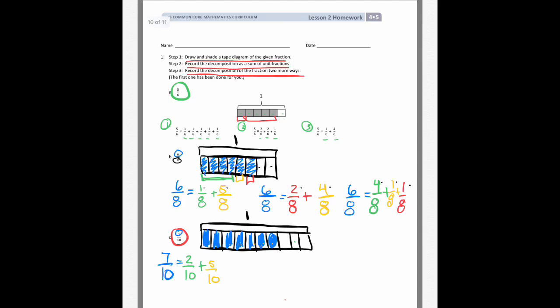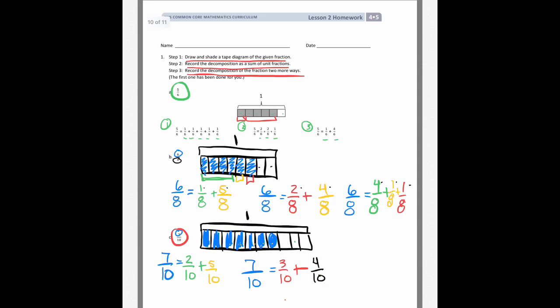Okay, another way we could break this down is I could say 7/10 is equal to, let's do 3/10 and the remaining 4/10. So that would be 4/10. So 3 plus 4 is 7, so 3/10 plus 4/10 is 7/10.